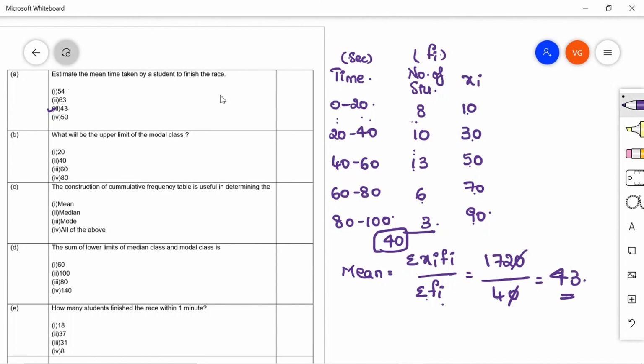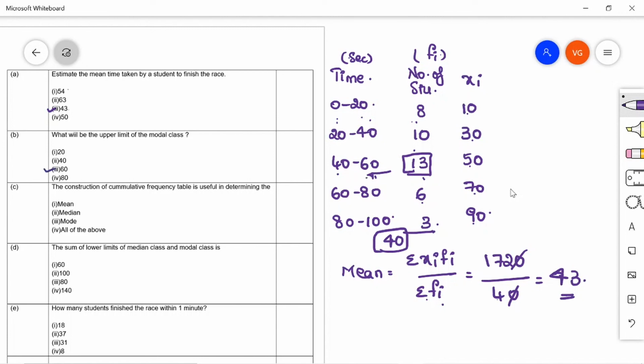Next, part B is what will be the upper limit of the modal class. Directly from the given table you can write where you are getting the highest frequency. So highest frequency out of the given frequency is 13. So the corresponding class is the modal class. So 40 to 60 is the modal class. So upper limit of the modal class they are asking. So that is 60.